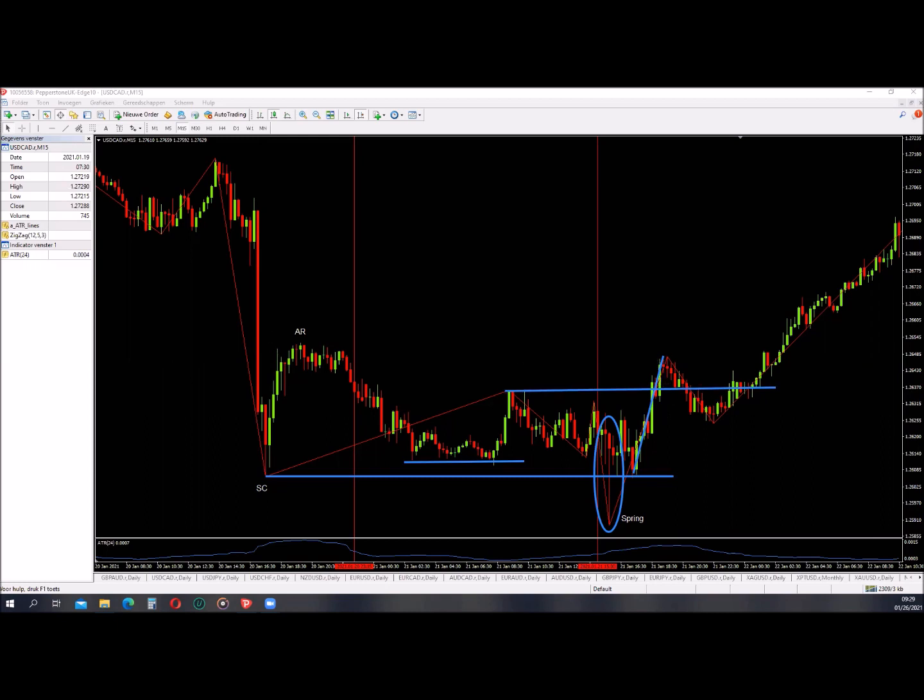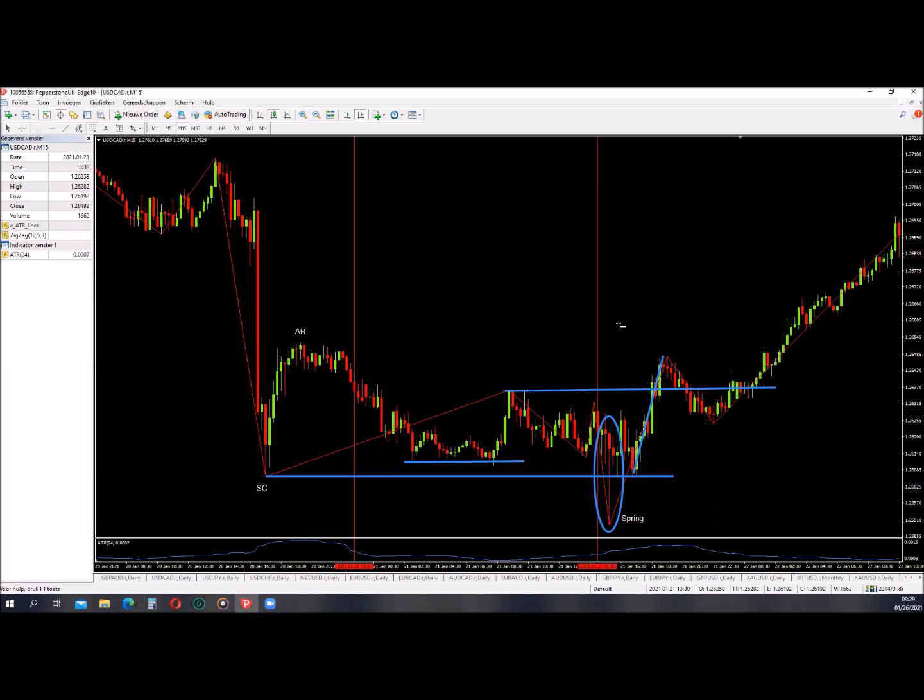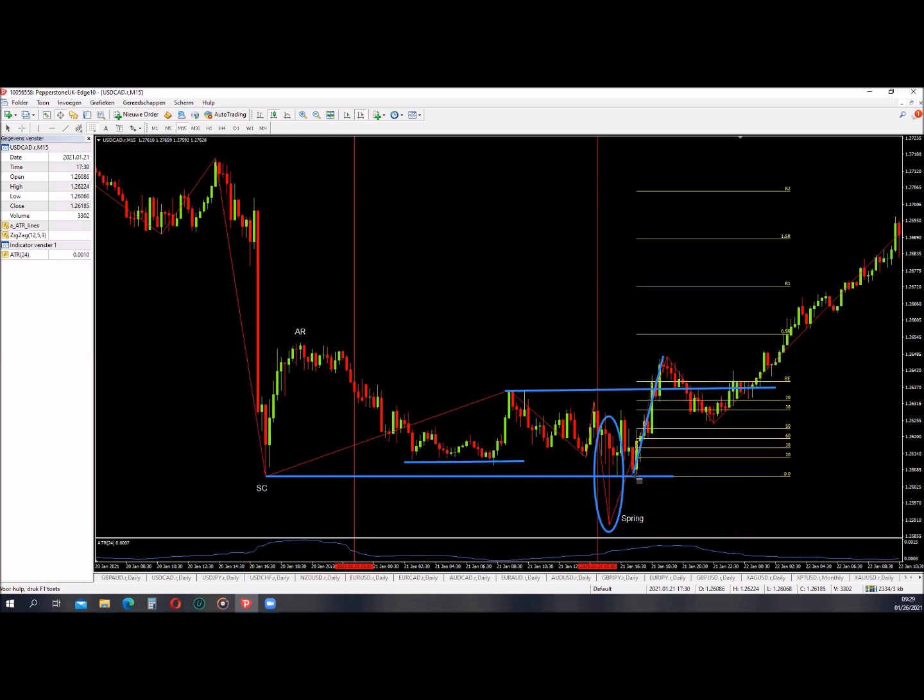So if I would have entered this on the higher time frames, because I trade this pattern on the higher time frames, my entry would be here and my stop loss would be over here. And then I would target a statistical based target on the higher time frames, but this is the premise. This is what I look for on a lower time frame when I establish a statistical bias on the upside on the higher time frames.